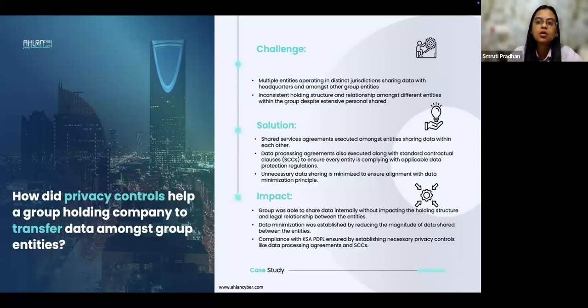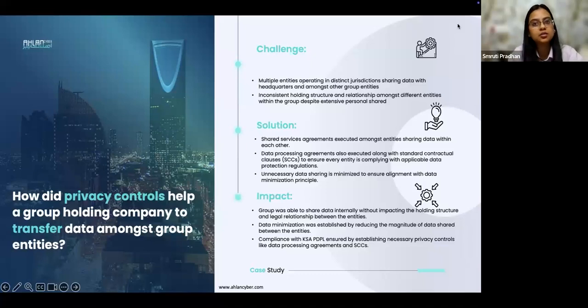Like I mentioned, all these laws have cross-border transfer mechanisms. And the first line of defense, again, is your agreements and contracts. Let's say today you are transferring data from one entity to a different entity.